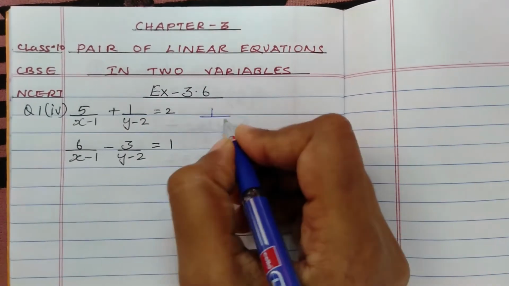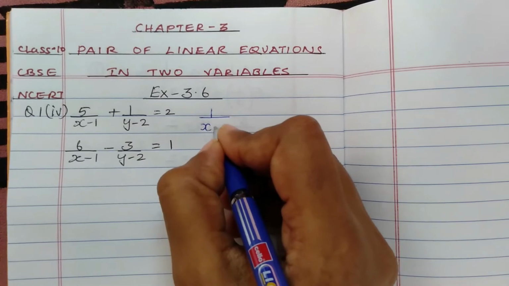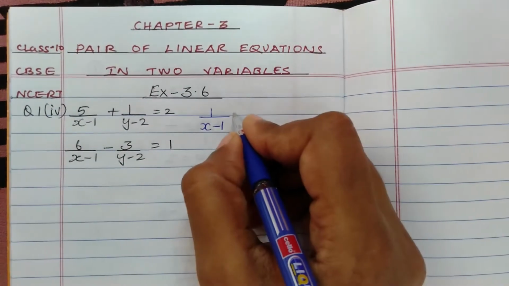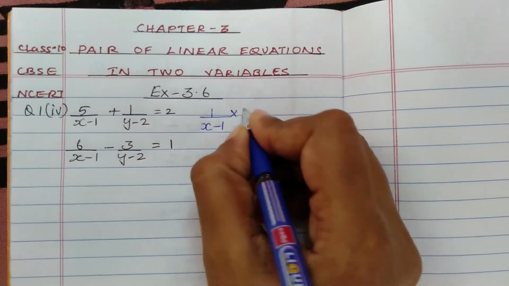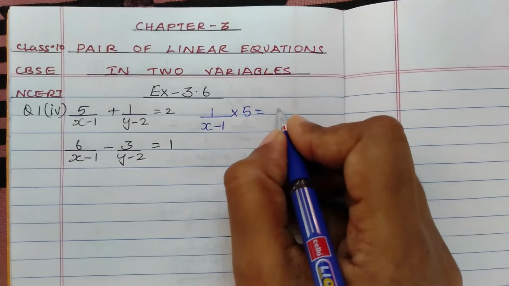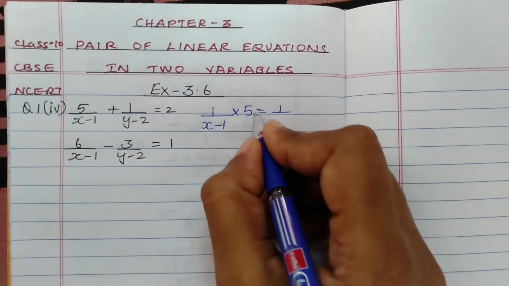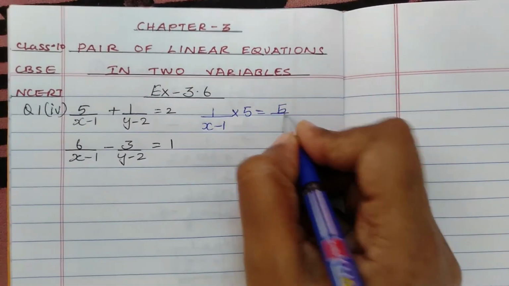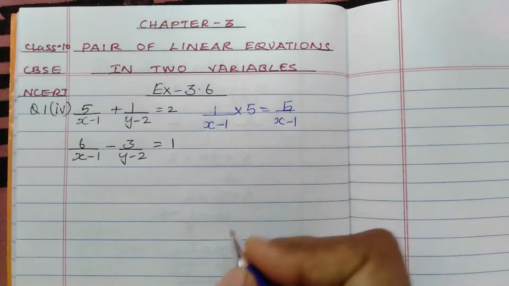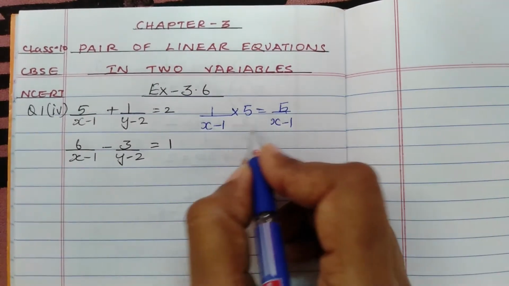For example, I can split it as 1 by x minus 1. And what will happen to 5? It is in the numerator. So I can write multiplied by 5. So what does it give? It actually gives 5 into 1 is 5, and in the denominator I can write x minus 1. So this is how you will be splitting it.